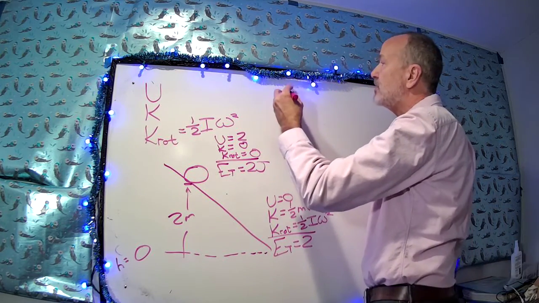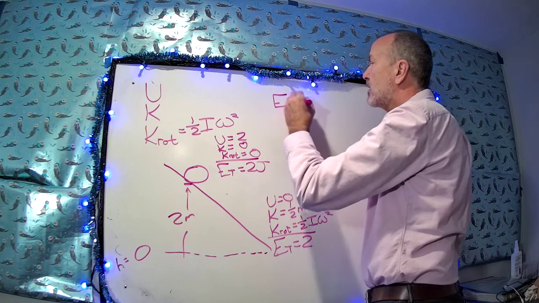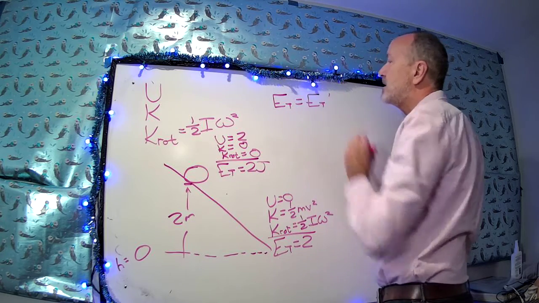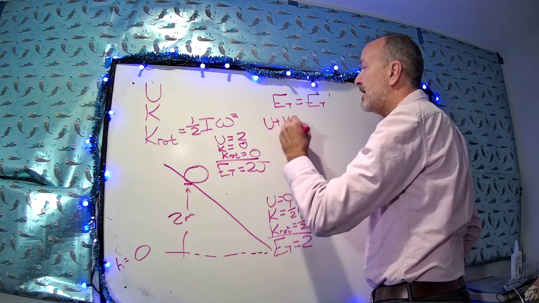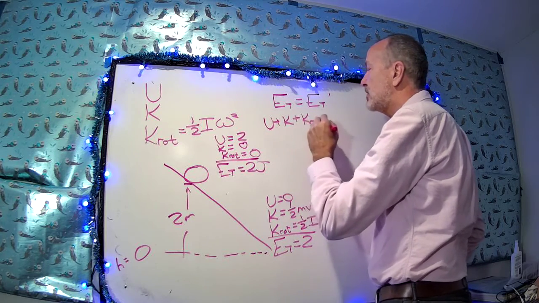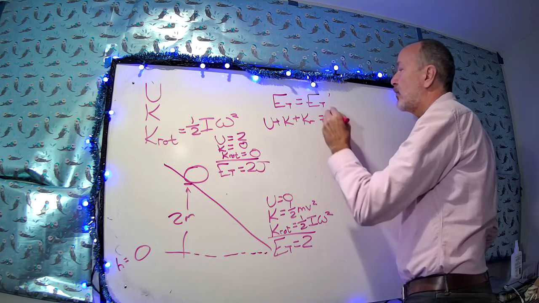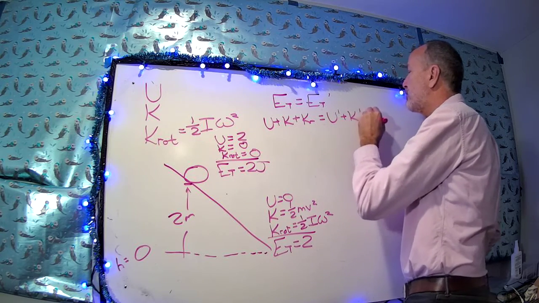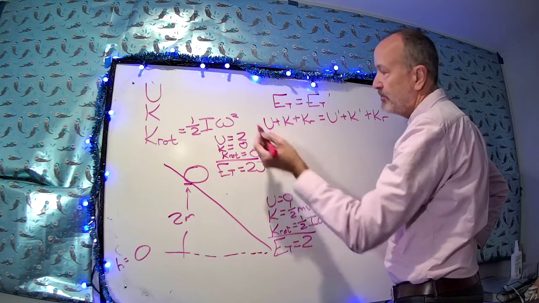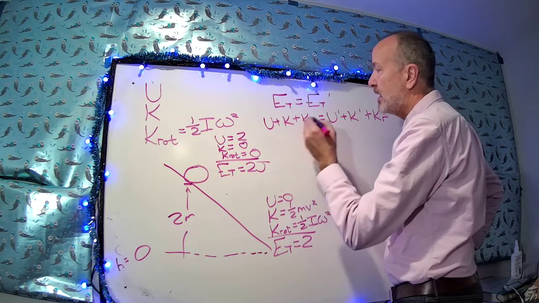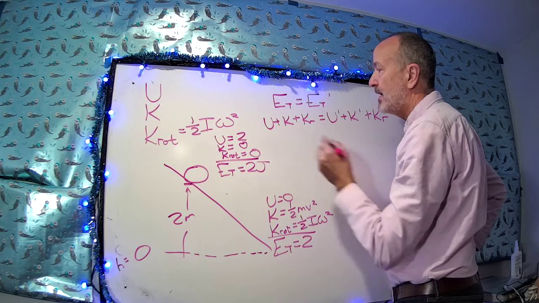So what we do when we're solving conservation of energy problems, E total prime is equal to E total. U plus K, and K rotational, I'll just call it R, equals U prime plus K prime rotational. U is, I'm not going to go through the whole thing, mgh plus 1/2 mv squared plus 1/2 I omega squared.